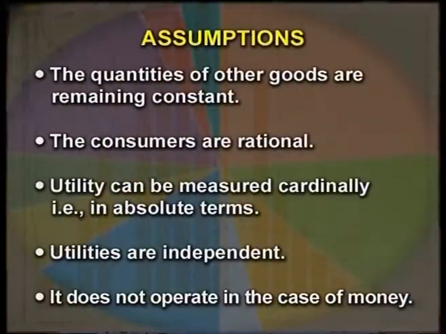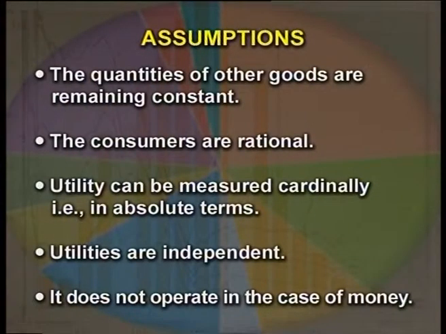So the commodities are independent and do not influence each other when the consumer consumes them. Then the other assumption is that although this law operates in the case of commodities, it does not operate in the case of money. This is because to measure utility, as I said earlier, we consider the price that the person is willing to pay for it.